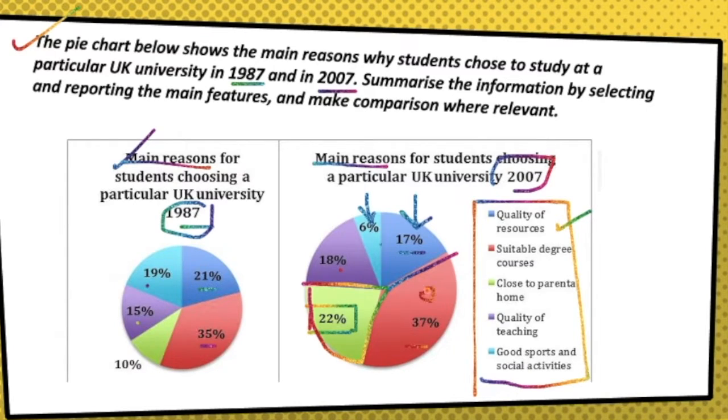This is the major one, but the increase was only by 2%. And this has almost increased by more than double, by 12%. So this is the reason close to parents' home. Now this is how you analyze the highest, the lowest, what categories are there, what change is there.